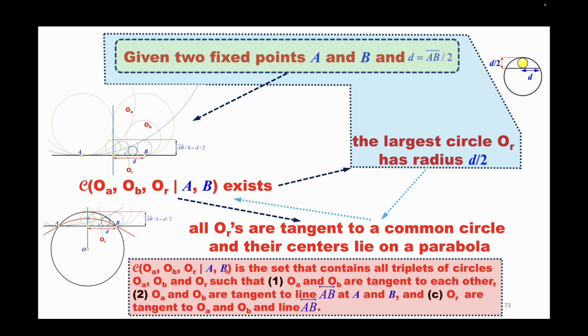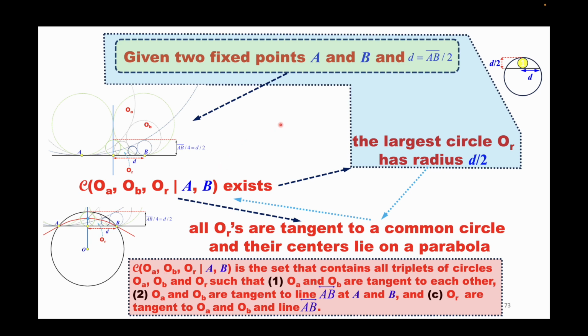Given 2 points A and B, which connect to form a fixed line, C of CA, OA, OB, OR, given AB, is the set of circles that contains all triplets of circles OA, OB, and OR, such that OA and OB are tangent to each other, and OA is tangent to the line at A, OB is tangent to the line at B, and OR is tangent to OA and OB and the line AB. This is a set of triplets OA, OB, OR.